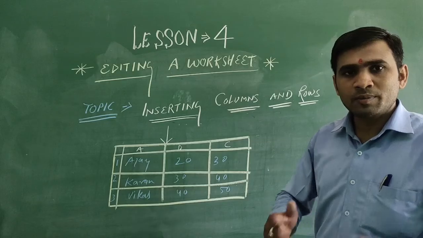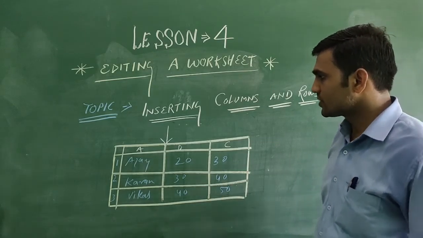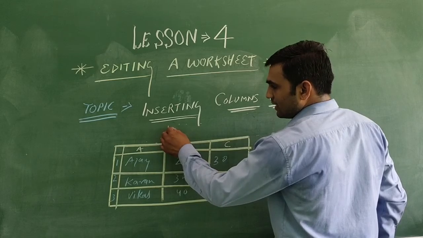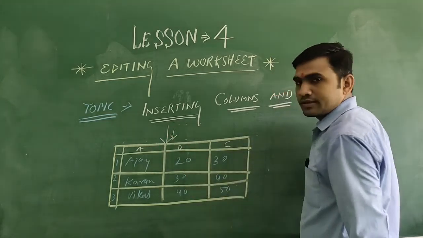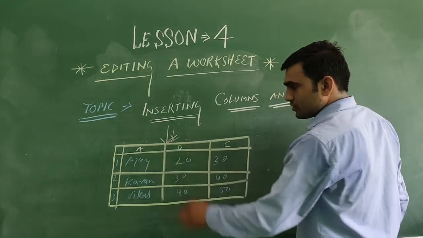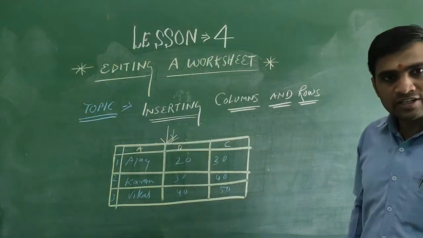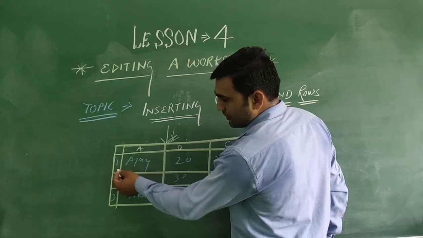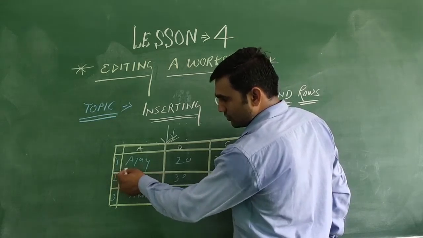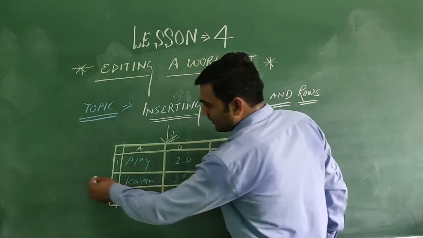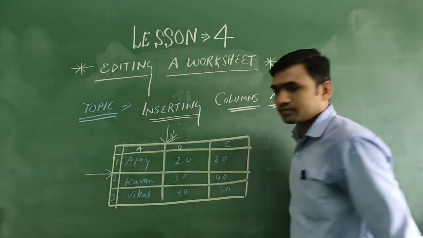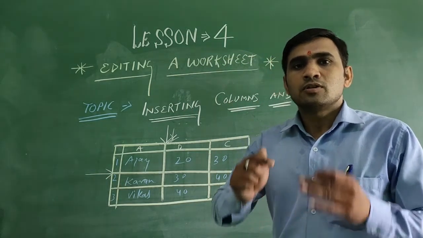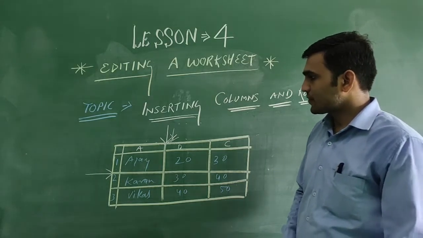any single column or multiple columns between two columns. Suppose that between column A and B, you want to insert a column. Also, suppose that the information you have entered here is one, Ajay, and the second is Karan, and between the rows you want to insert a row, so that is also possible, right?